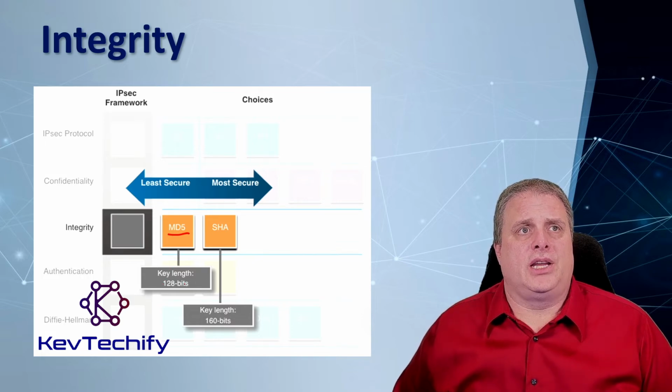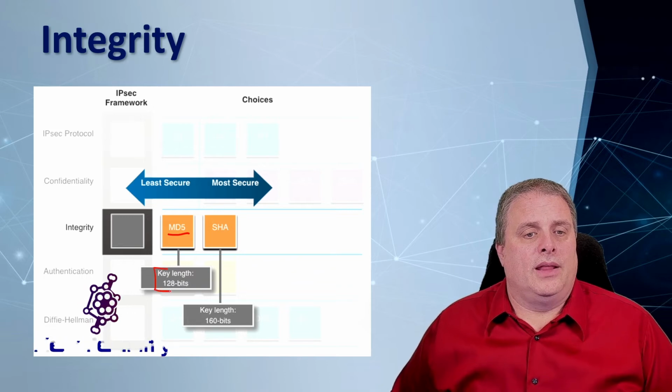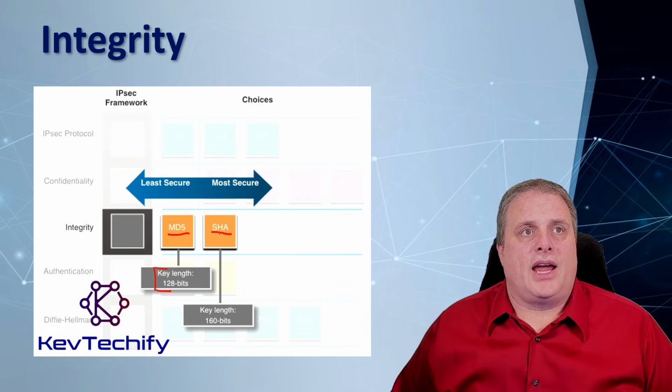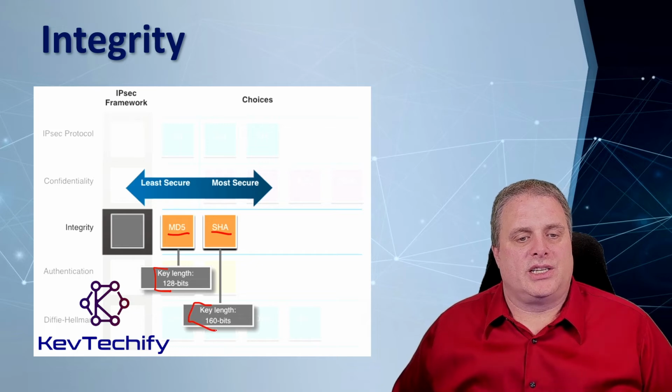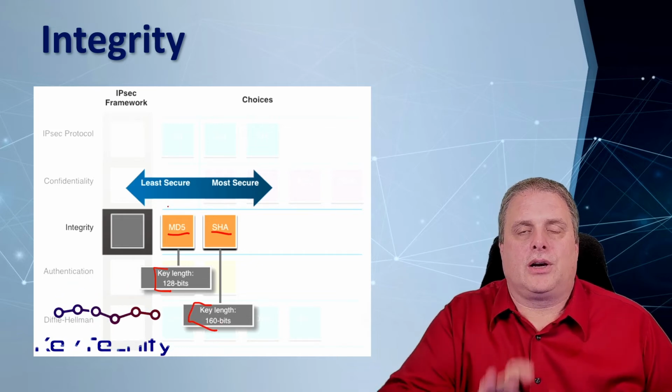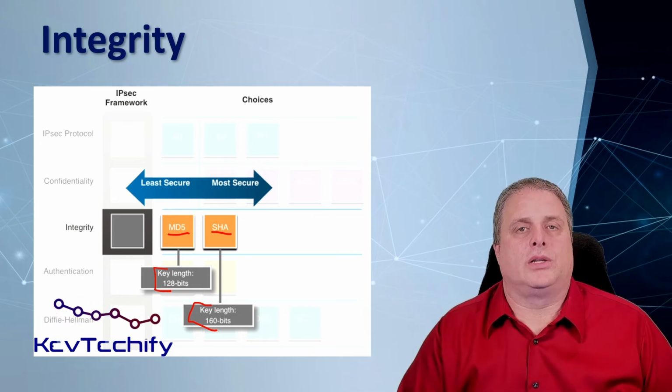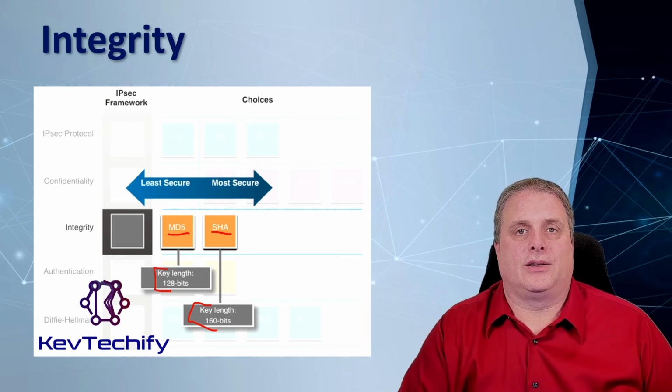It's a shared secret key. And then there is the SHA. Most people consider the Secure Hash Algorithm here more secure than the MD5, mainly because it's 160 bits long. But both of these make sure our data hasn't changed while in transit, the hashing of our data.